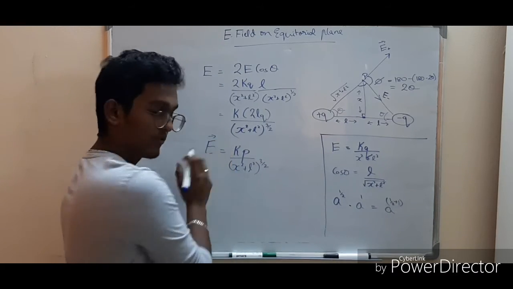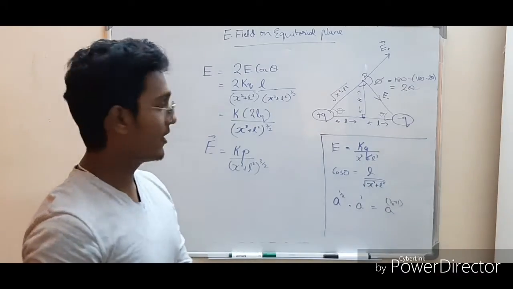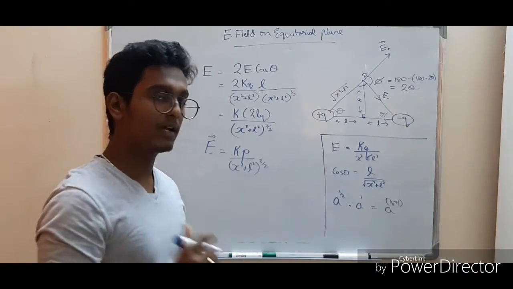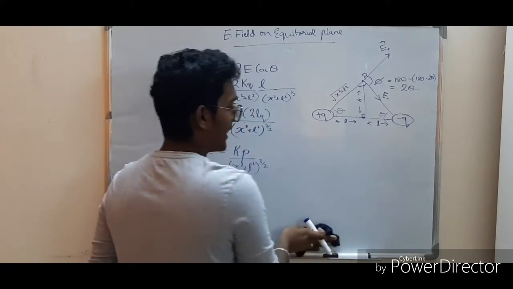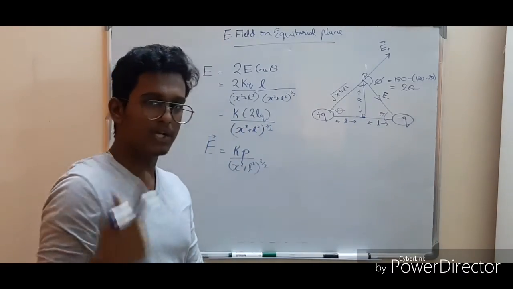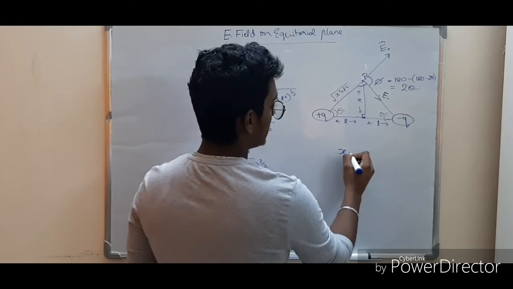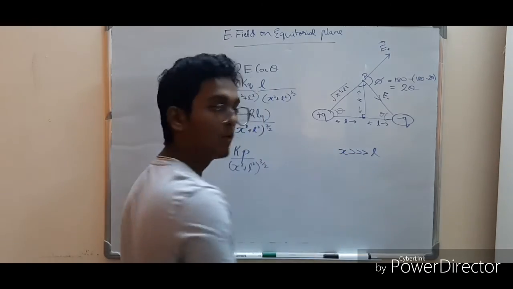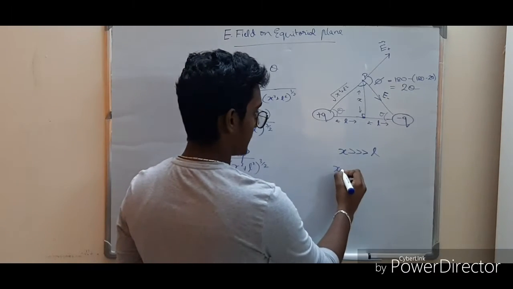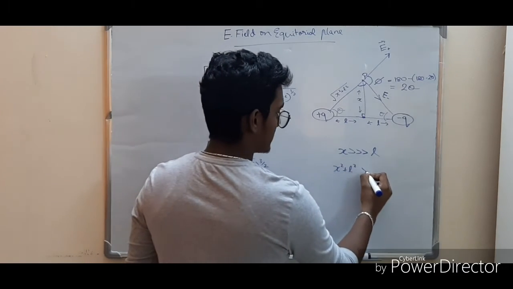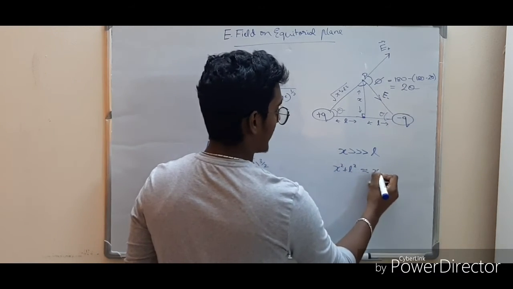This is the electric field, but we can simplify again using the same assumption we made last time. That is, the distance x which we have chosen is always going to be much greater than half the length of the dipole. So it wouldn't make a difference. x squared plus l squared is still going to be approximately equal to x squared.